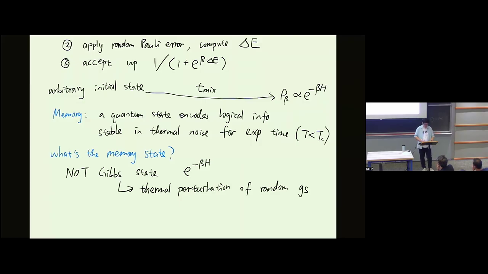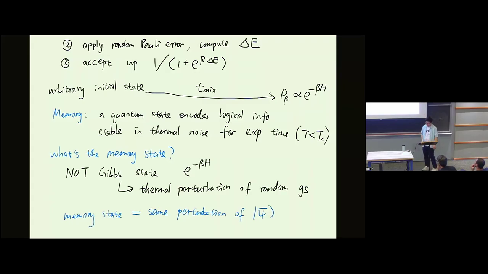But the memory state is exactly the same perturbation of a specific logical quantum state, psi bar, that is the ground state of our Hamiltonian. So instead of perturbing the random ground state, we perturb a specific ground state, and that's our memory state.